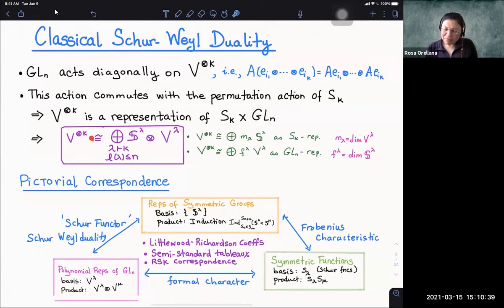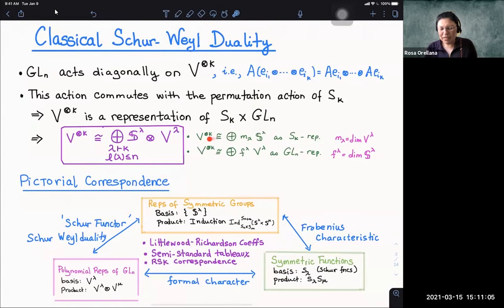So out of this theorem right here, which is the classical Schur-Weil duality, you get the theorem that I showed you in the previous slide, because here I can think of making this the identity, right? And now I'm just going to have representations of GLn, or I can think here of putting the identity, and then I have representations of Sk. So those groups are contained in here.